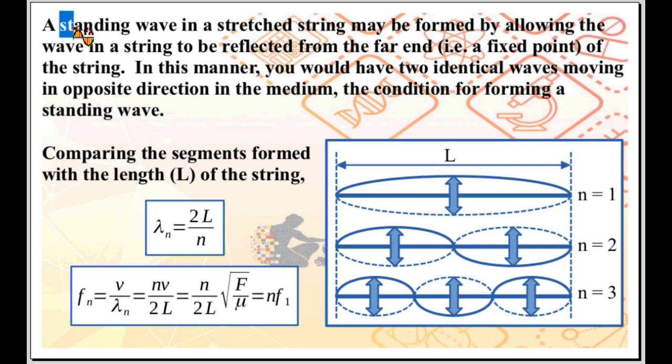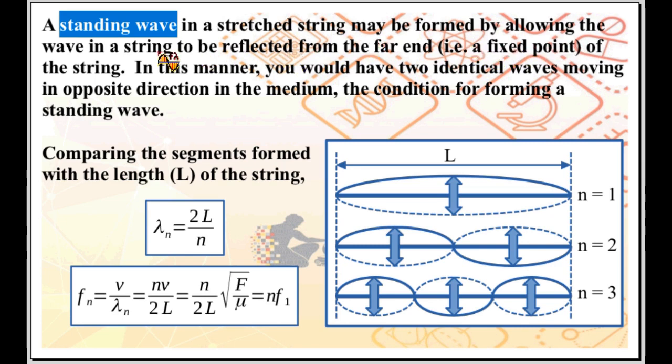A standing wave in a stretched string may be formed by allowing the wave traveling through the string to be reflected from the far end of the string. For instance, let's say we have the far end of the string to be a fixed point.